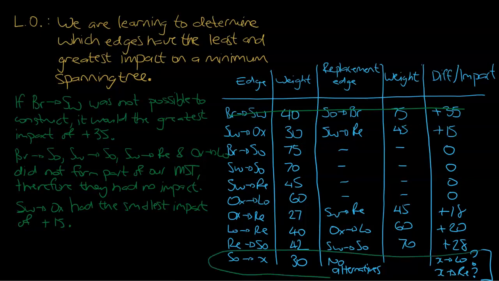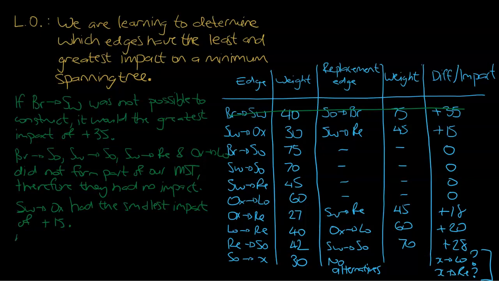So we've done that, and then the only thing that's noteworthy is it wasn't actually possible. This last one here, we don't know the impact because we didn't have another option. So the engineers or the people constructing this network would have had to go out and cost or find out how much this would have been if that was possible. And then that's our last point. So we're actually talking about four things, even though we're talking about least and greatest.